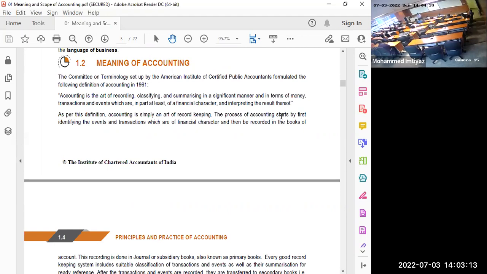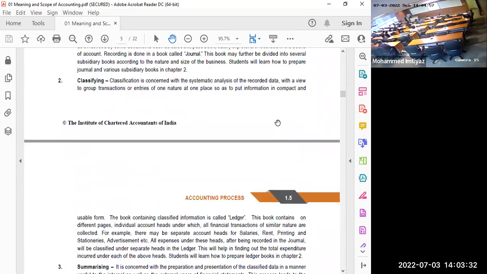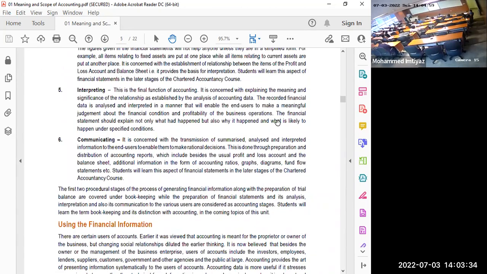Recording, classifying, summarizing. Of what? Of business transactions. Why? You have to find out the result and also to interpret the result. That's it. Clear? That's the meaning, or you can say the definition, of accounting. This we already discussed.